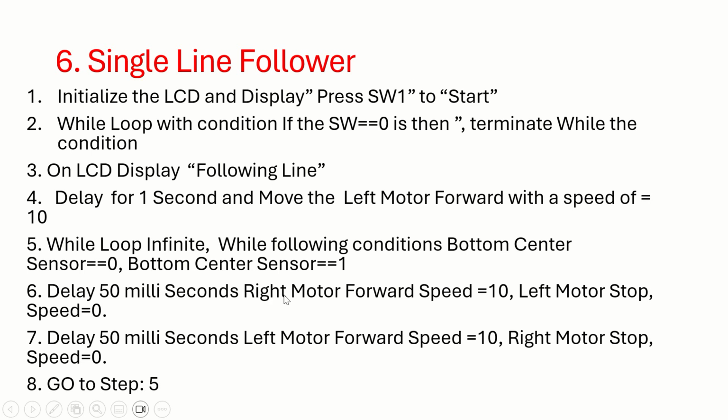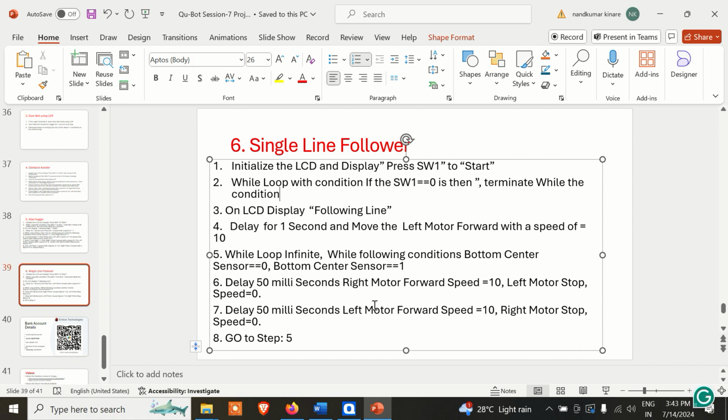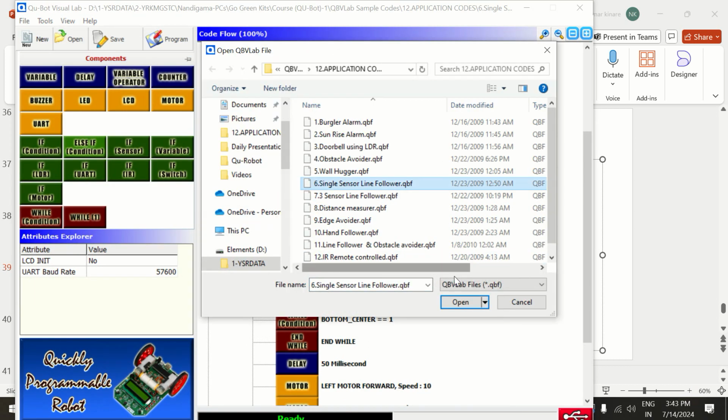Then, with a delay of 10 milliseconds, move the right motor forward with a speed of 10 and stop the left motor with a speed of 0. After a delay of 20 milliseconds, move the left motor forward with a speed of 10 and the right motor with a speed of 0. Then go back to step number 5, the infinite loop.